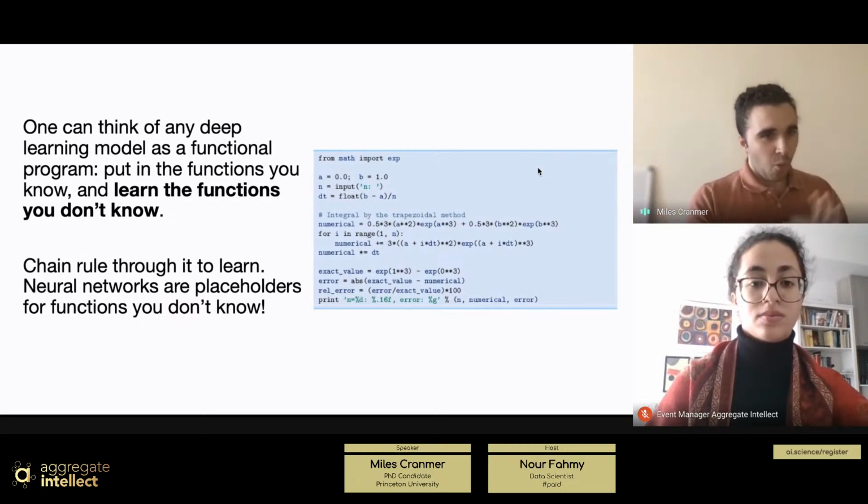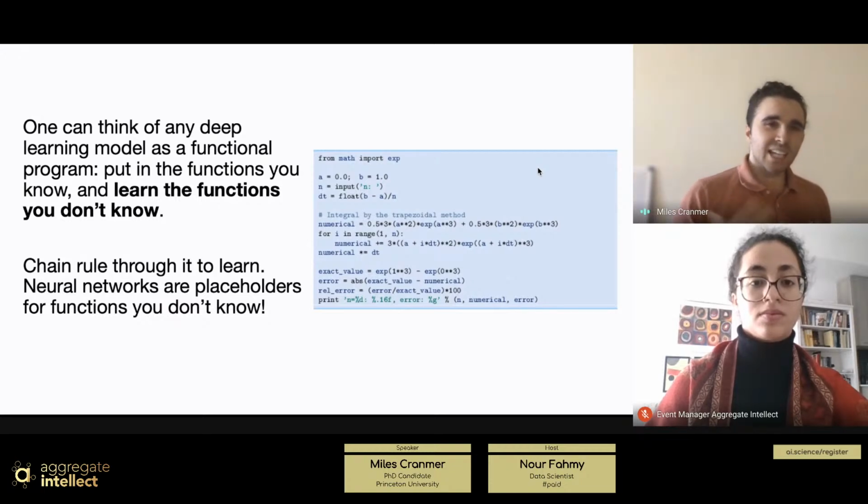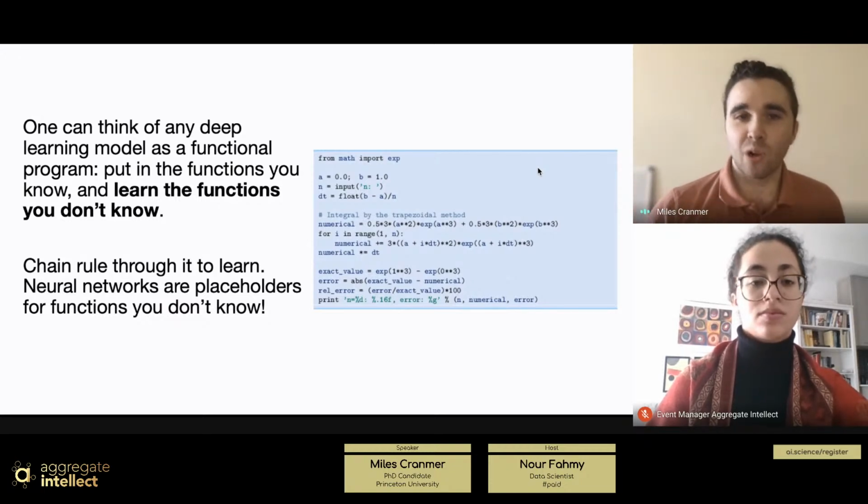A way of thinking about deep learning in general is that it's kind of like loose functional programming.